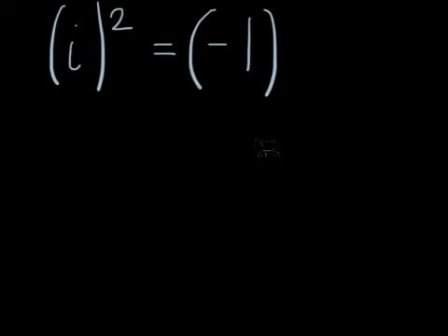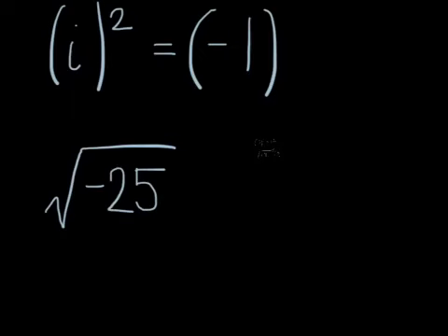The symbol for imaginary numbers is i. i stands for imaginary. And i squared equals negative 1. So say you wanted to find out the square root of, say, negative 25. The square root of positive 25 equals positive or negative 5.